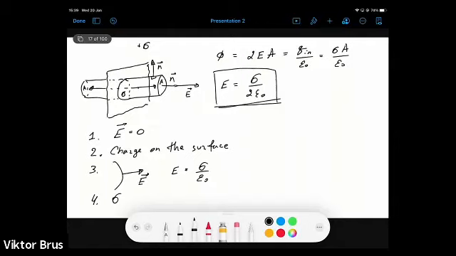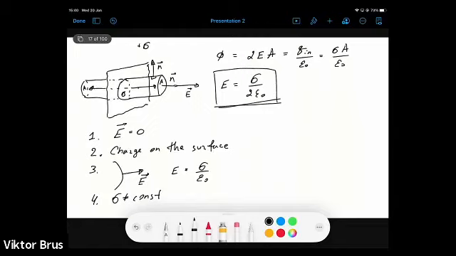If it's not symmetric, some random shape conductor, then this sigma will not be constant, and the surface density of electric charge will be the highest in the area where the radius of curvature of the surface will be the smallest. In other words, where there is the sharpest area of the surface, there the surface density of electric charge will be the highest.